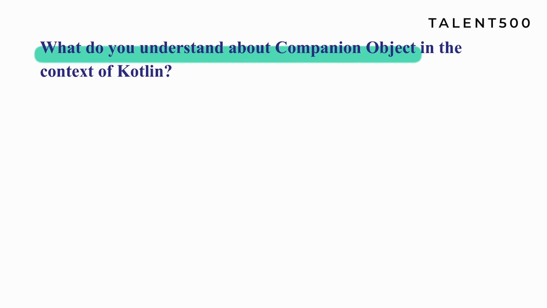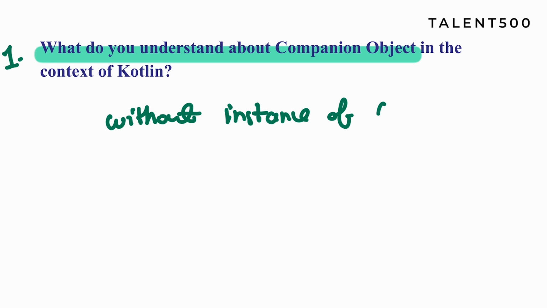Let's see the first question, that is, what do you understand about companion object in the context of Kotlin? So let me explain that in Kotlin, if you want to write a function or any member of the class that can be called without having an instance of the class, then you can write the same as a member of companion object inside the class.